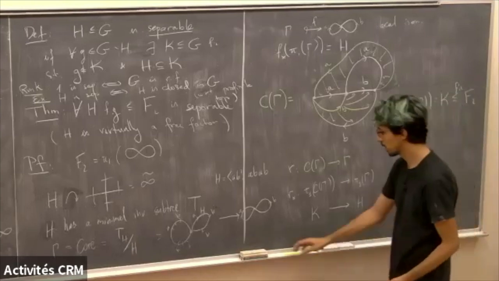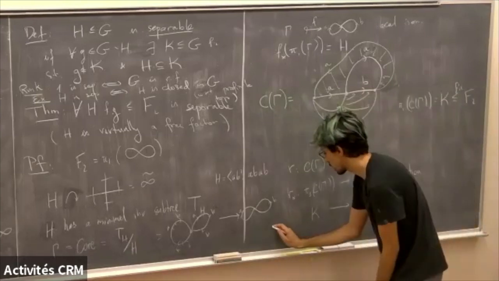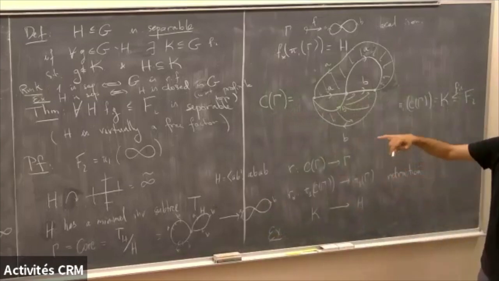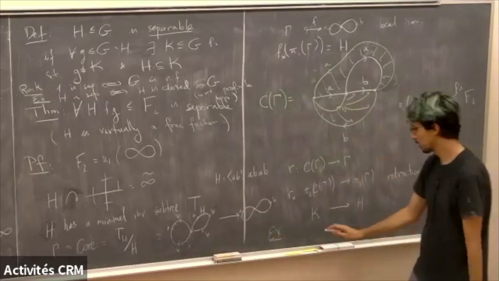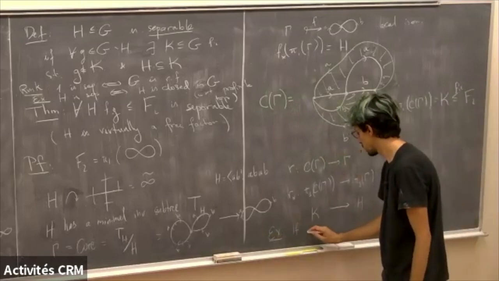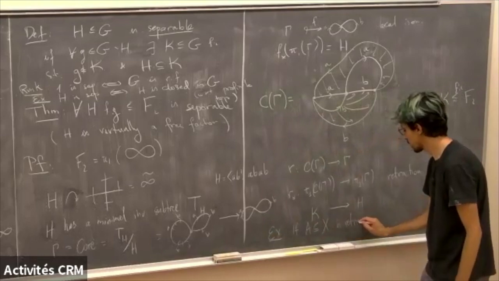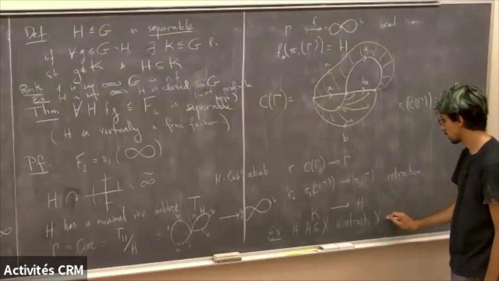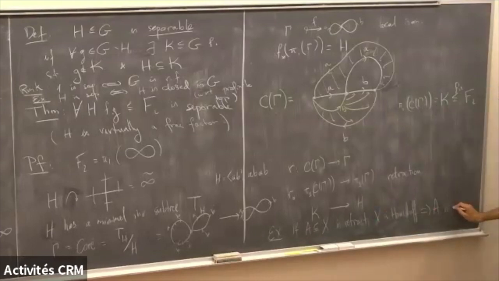And here's the fact, the next exercise. Every retract in a Hausdorff space is closed. If the retract is in X and X is Hausdorff, it's closed.